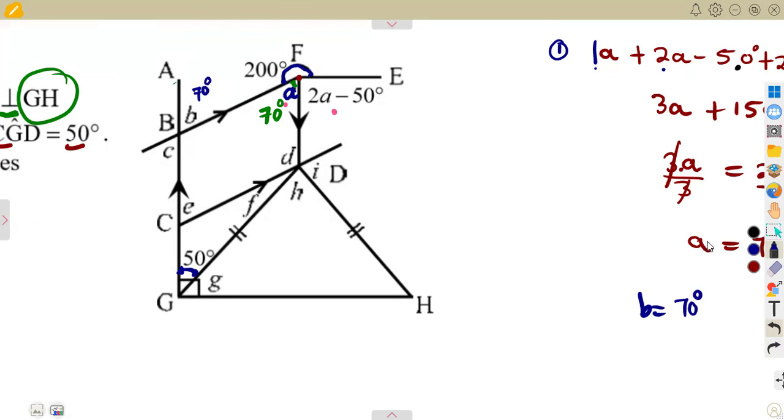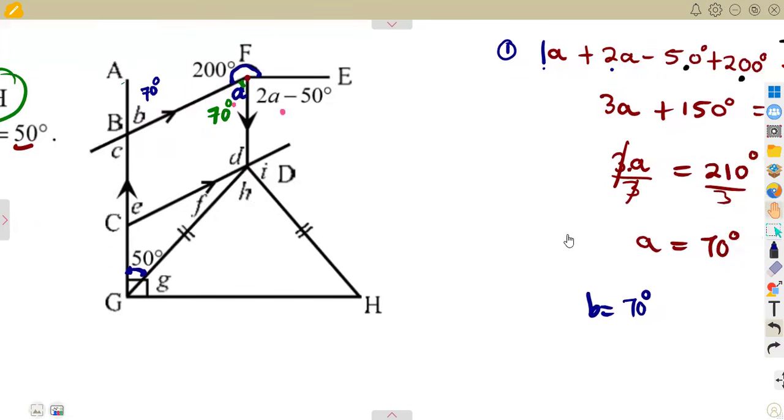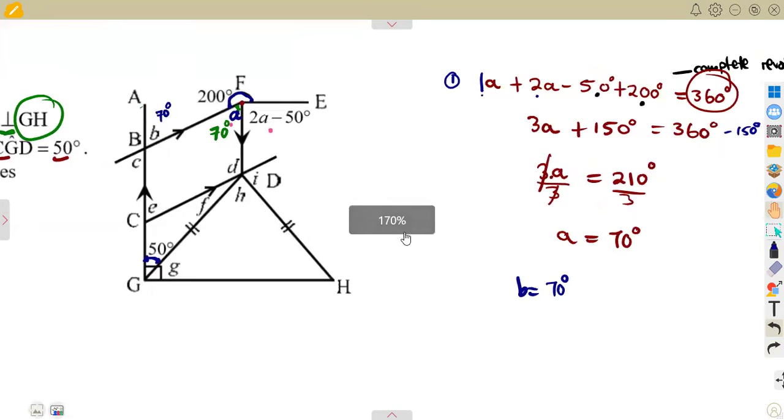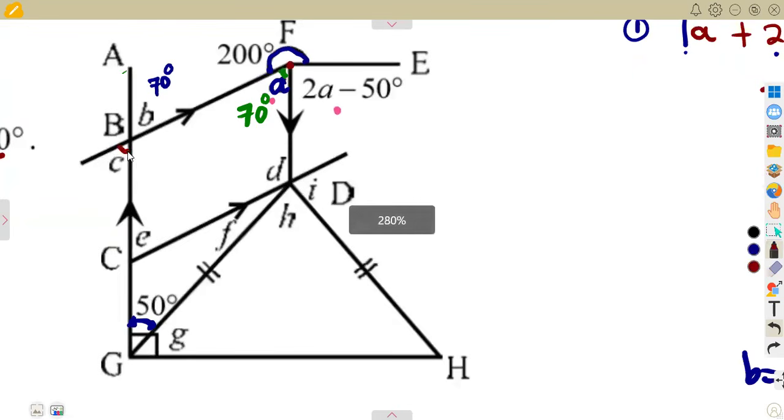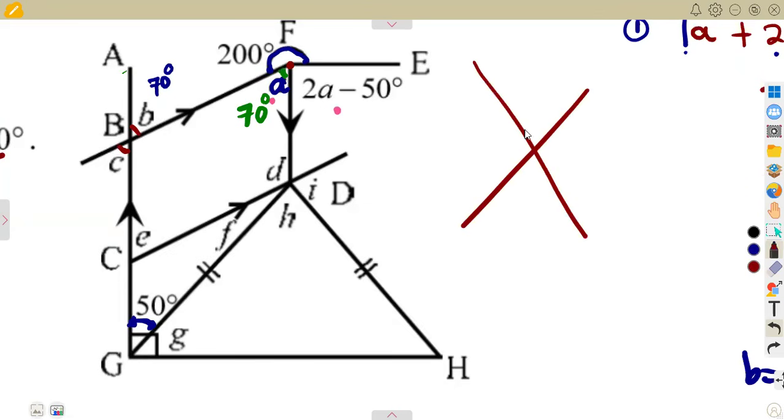Also, it is alternate to A. B and A are alternate angles. In the same sense, after finding this, you can find C, because you check B and C, what is the relationship? If two straight lines intersect like this, these are called vertically opposite angles.